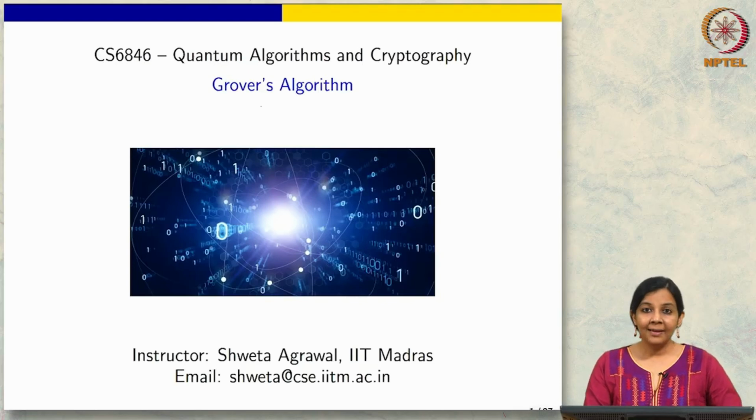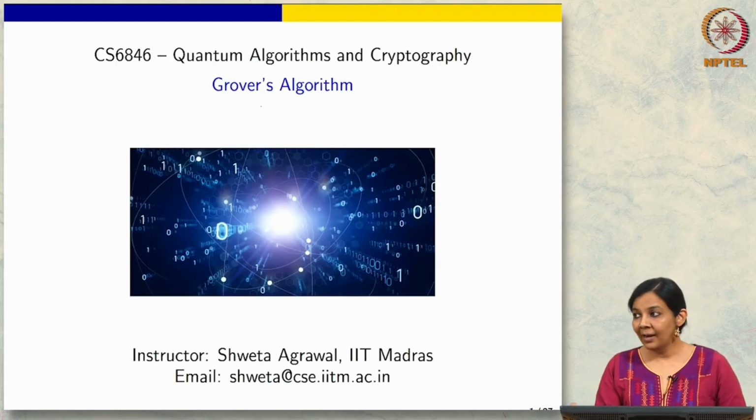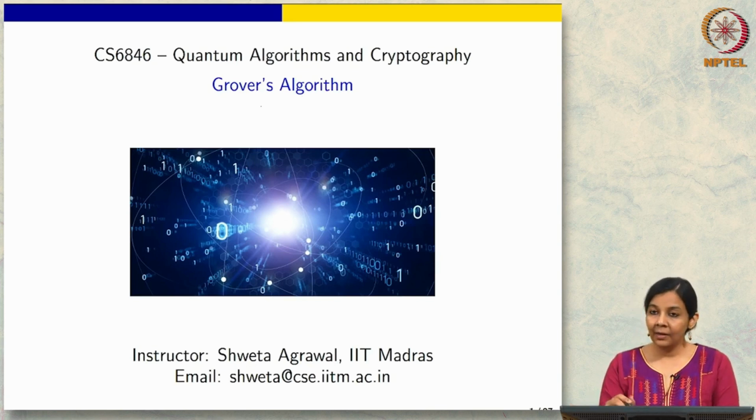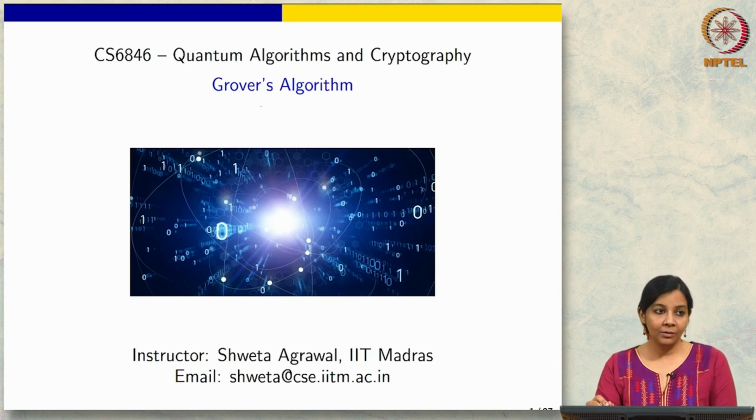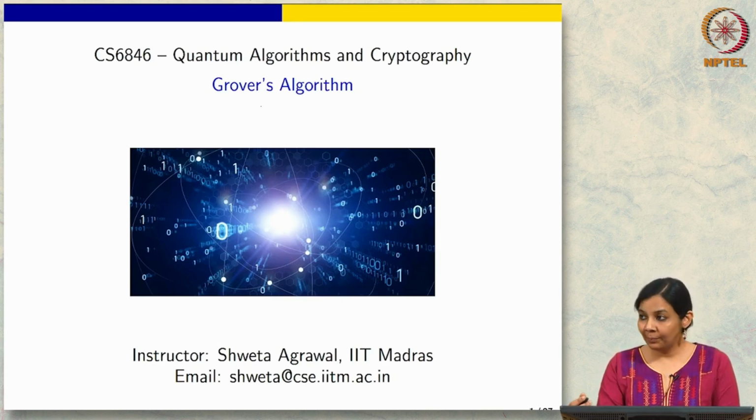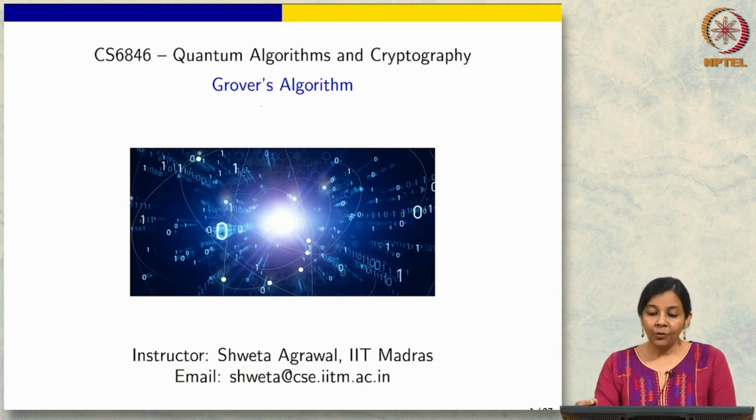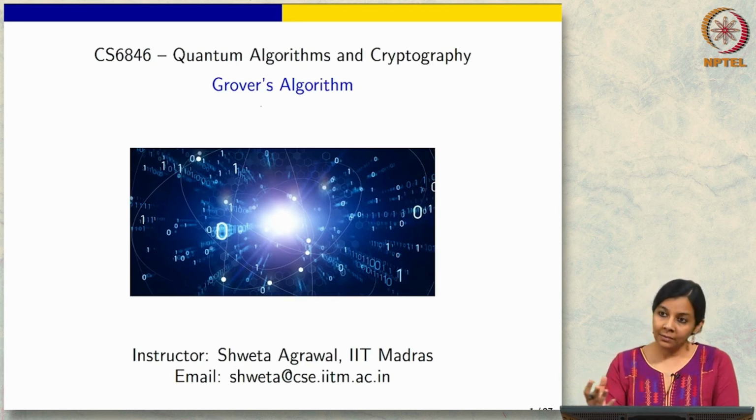All right, let's get started. So today the plan is to see another very important algorithm called Grover's algorithm, which has very important implications in real world cryptography. Grover's algorithm solves what is called the unstructured search problem.